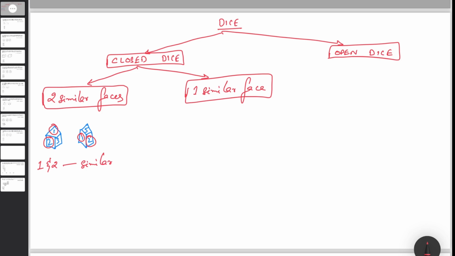So what is the remaining face? 3 and 5 are the remaining faces. So 3 and 5 are opposite to each other. So the question will come like this: what is the opposite face of 3, or what is the opposite face of 5?